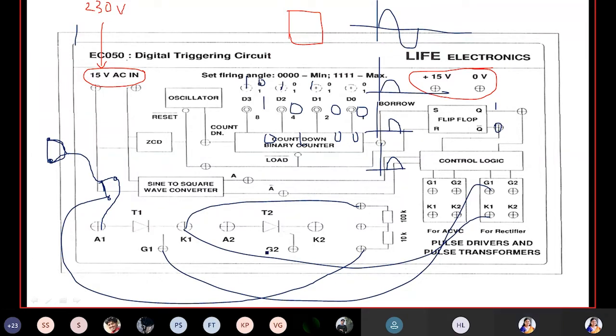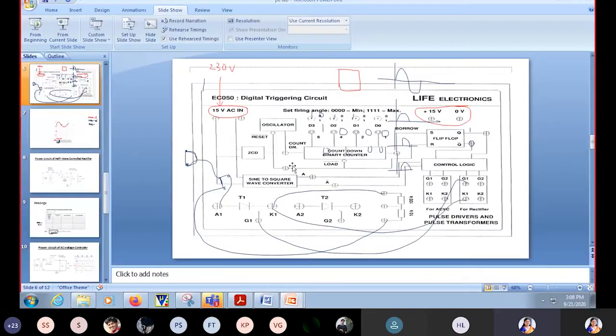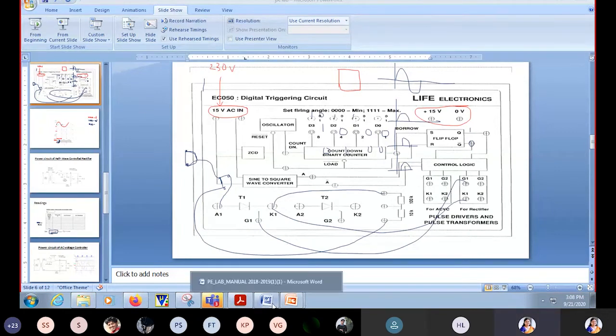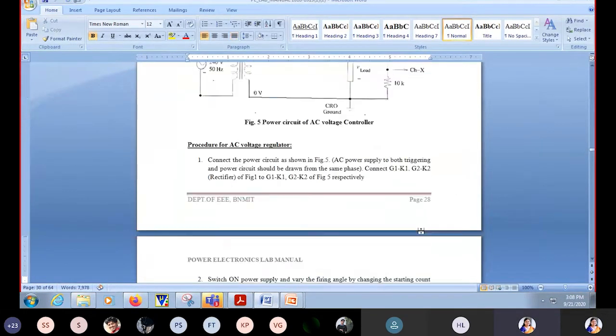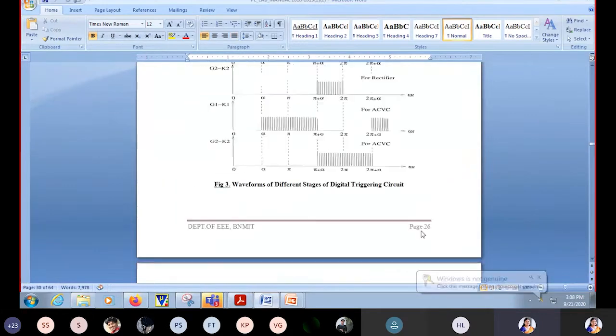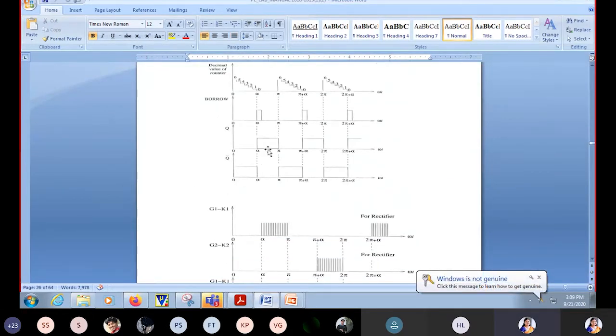Okay, you have one more waveform also. One second, let me show that. Okay, whenever alpha and then the pulse appears, Q goes to 1. The same signals you can observe in the kit.